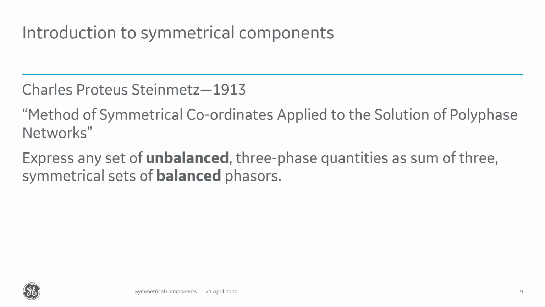Not that it was so long ago, it was that it was so recent. By 1913, the current wars were over. We were already deciding that we were going to distribute and generate and transmit electrical energy via AC three-phase power systems.